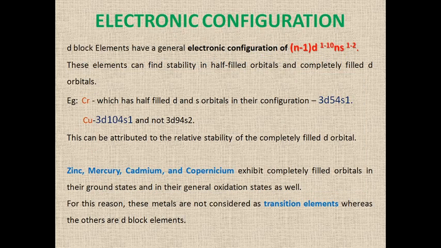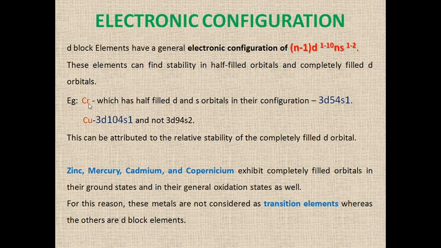Electronic configuration. Coming to the electronic configuration, D block elements have a general electronic configuration of (n-1)d1 to 10 ns1 to 2. That means the last electron enters into the d orbital, and these elements find stability in half-filled and completely filled d orbitals.